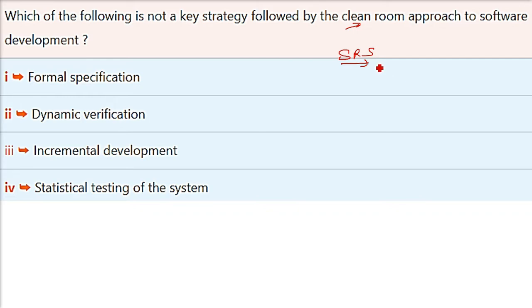That is, there will be no ambiguity. Whatever you have written in English is sometimes different for you and different for me. But in the clean room approach, everything is done mathematically, proven and statistically. There is nothing empirical. Everything is unambiguous without any anomaly. Most of the time you cannot get that, but this is an approach.